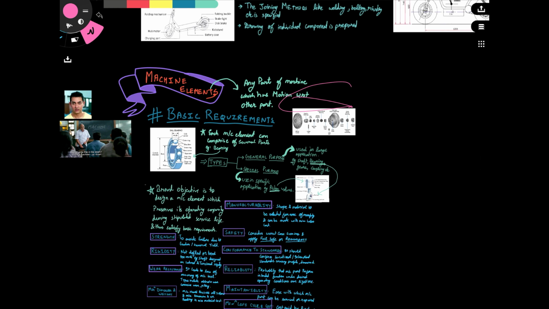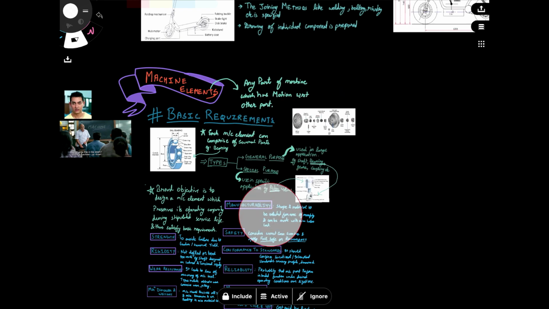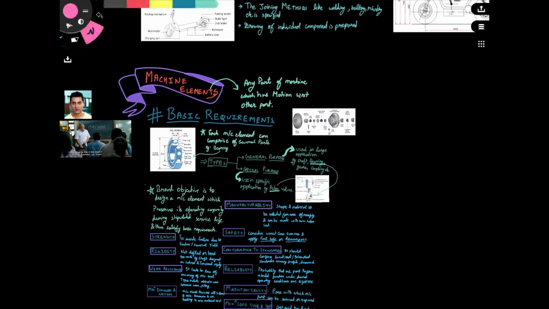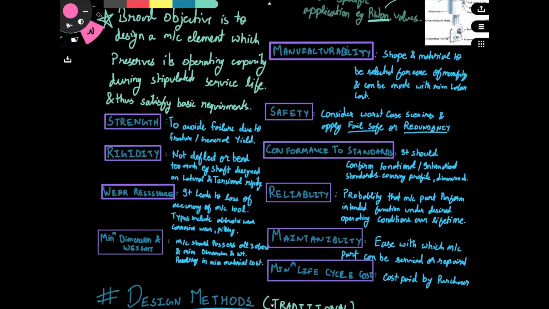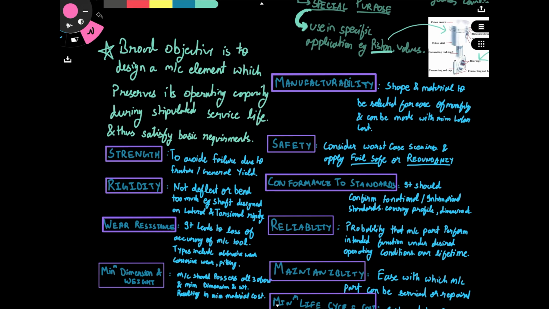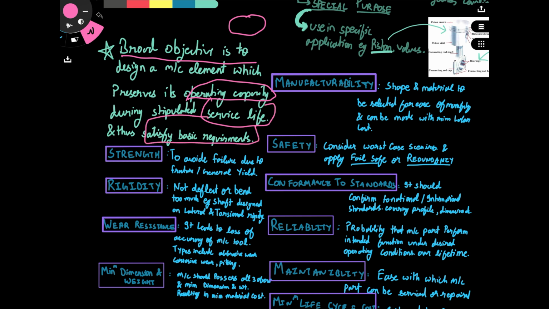Our objective is to make a machine, to design a machine. And as a designer, what all things should we consider? The broad objective of a design is that the machine we are going to make should operate at its capacity during its given service life, and satisfy the basic requirements of the customer.